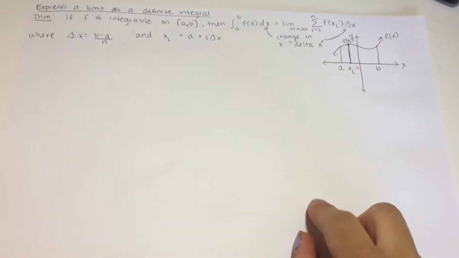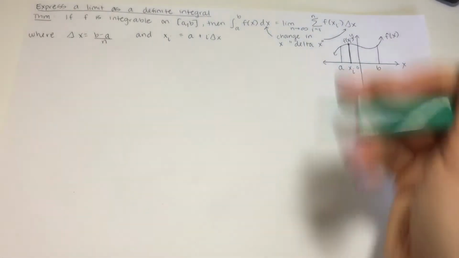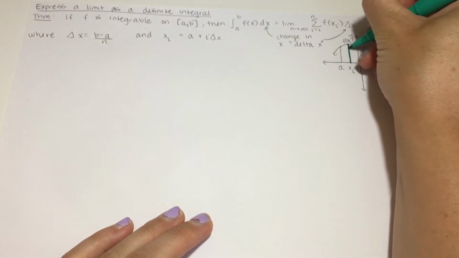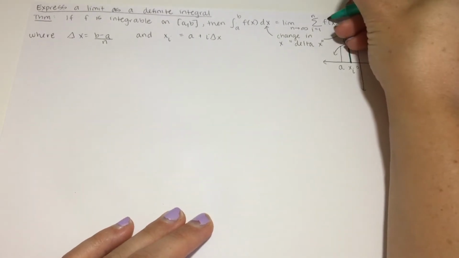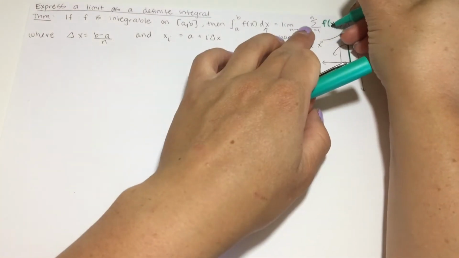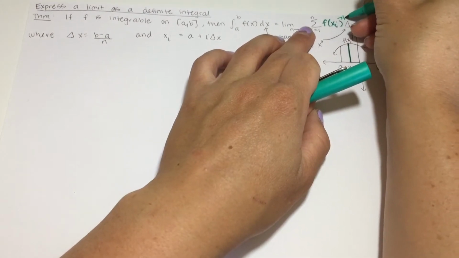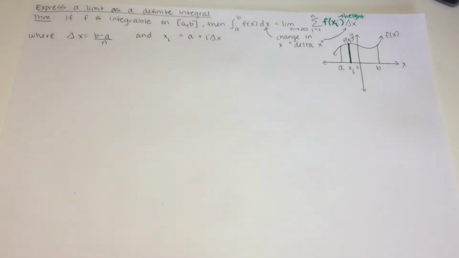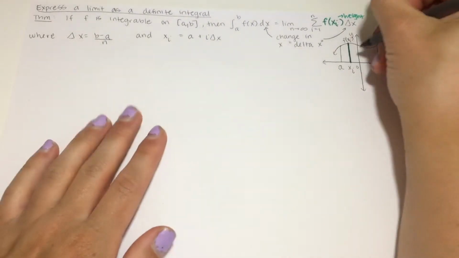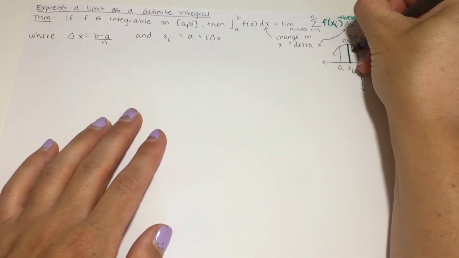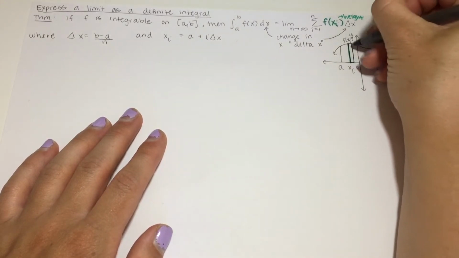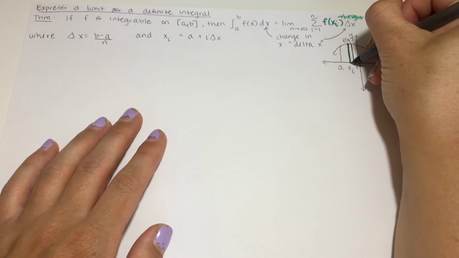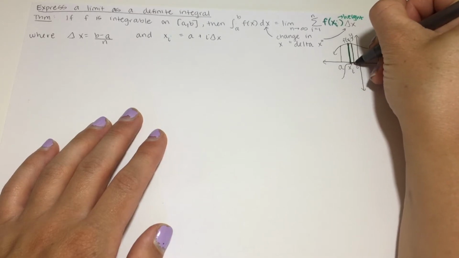So that's why we want n to go to infinity, because ultimately that is going to create that integral for us. The more rectangles we have, the more accurate the area we have under the curve. And our xi is just some x value that we arbitrarily choose on our x-axis between a and b.